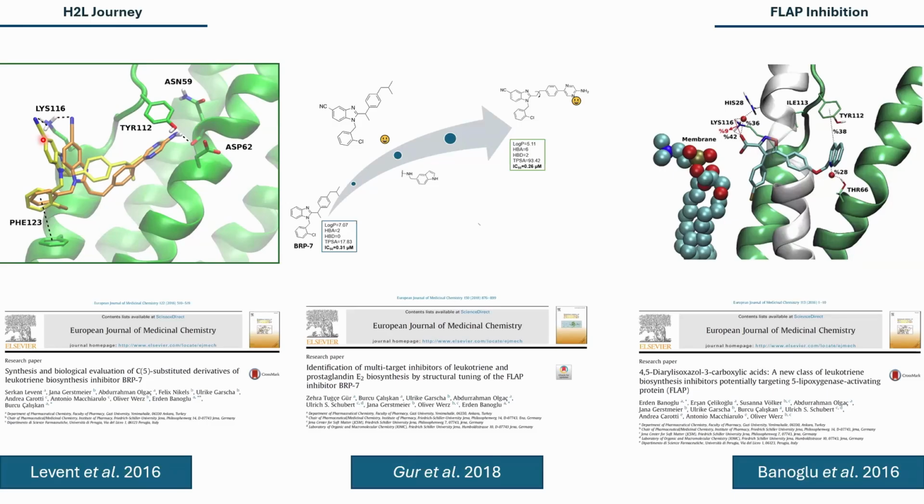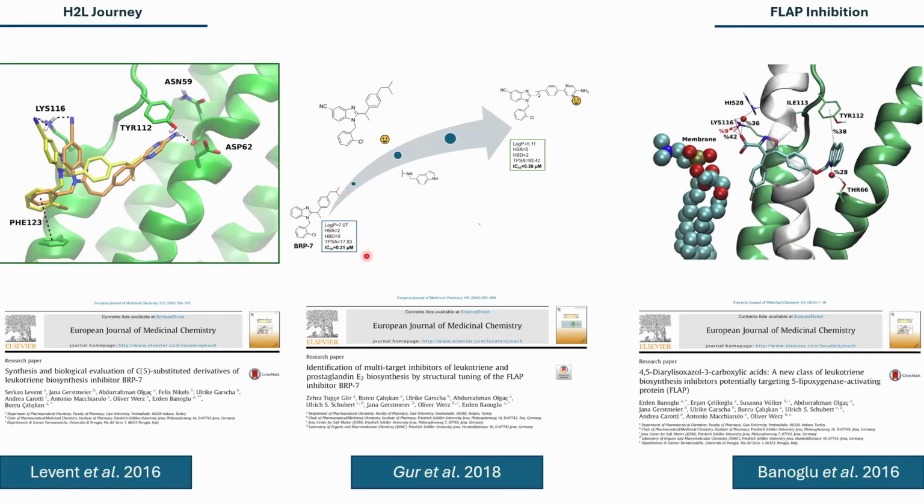Later on, we wanted to deal with the plasma protein binding issues arising from that functional group. Therefore, we replaced the carboxylate groups with nitriles, and we kept the activity, and we also dealt with the plasma protein binding issue.